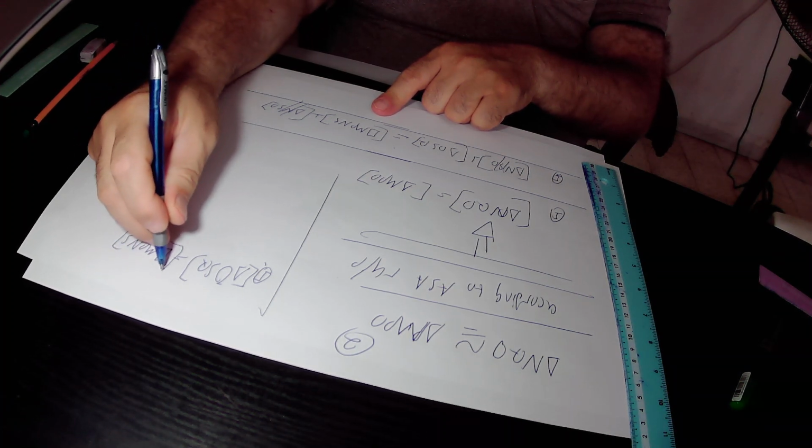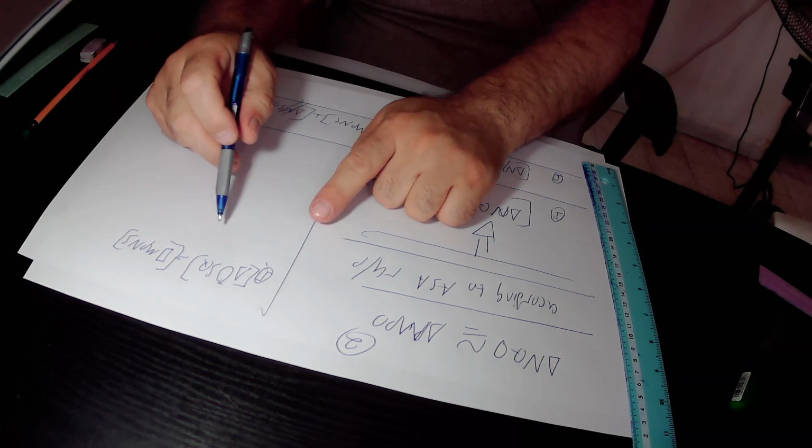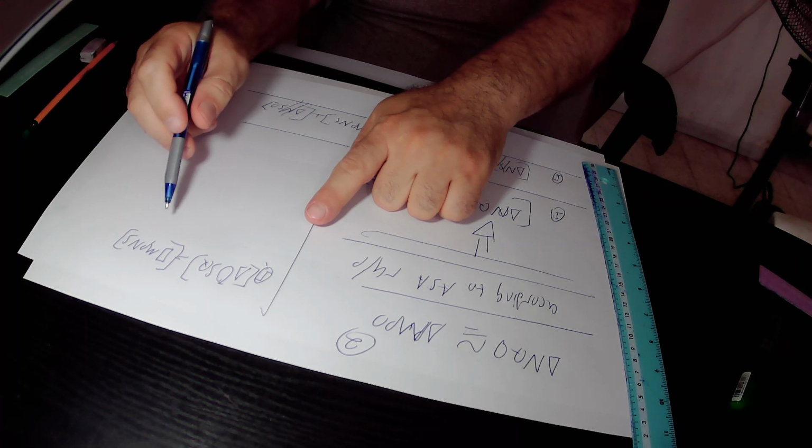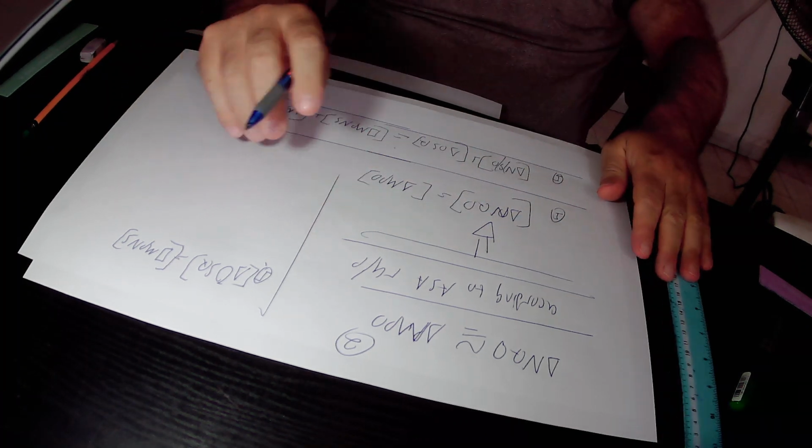Again, we find out that the area of triangle OSQ is equal to the area of quadrilateral MPNS.